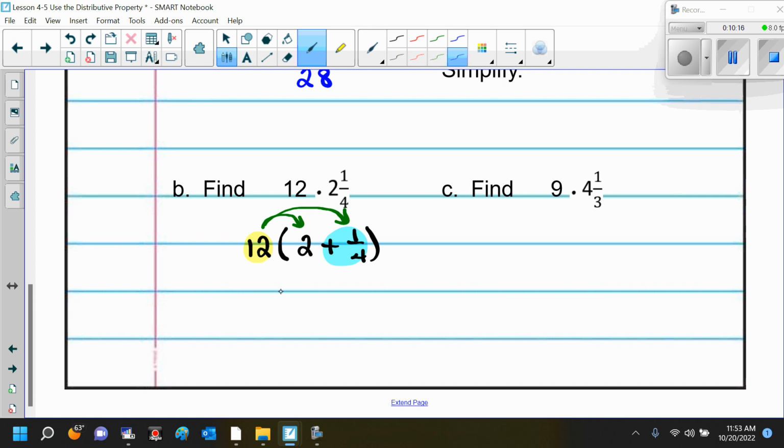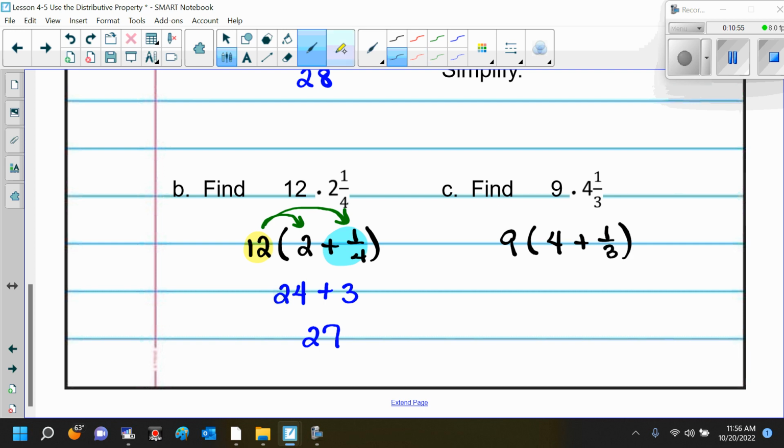Okay? So 12 times 2 is 24. 12 times a positive 1/4 is positive 3. And now we simplify to 27. So for letter C, we have 9 times 4 and 1/3. What are we going to split the 4 and 1/3 into? 9 times what? 4 plus 1/3.